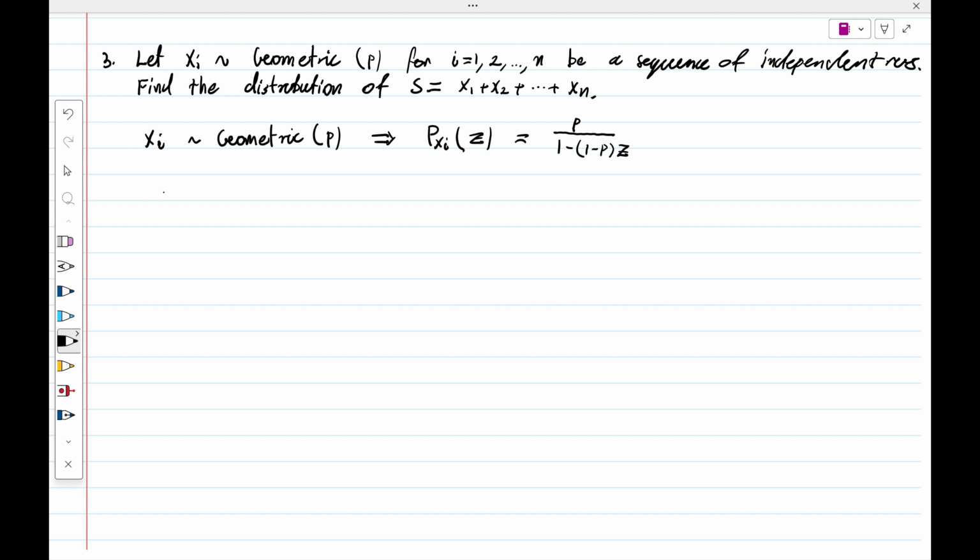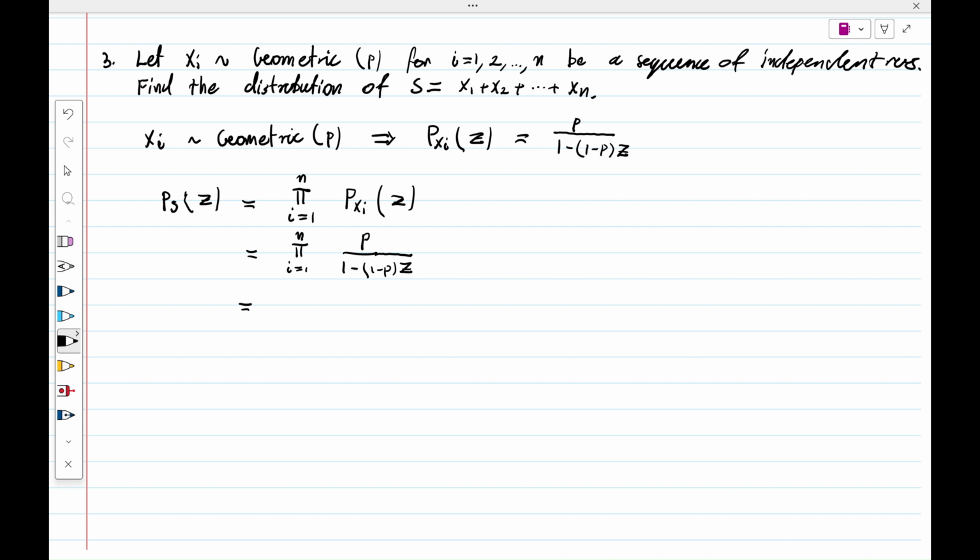So, the probability generating function of the sum, again, is going to be the product from i equals 1 to n of the individual probability generating functions, which in this case is the product from i equals 1 to n of p on 1 minus (1 minus p) z.